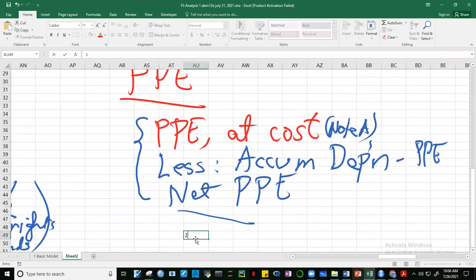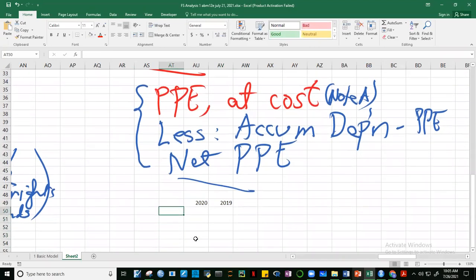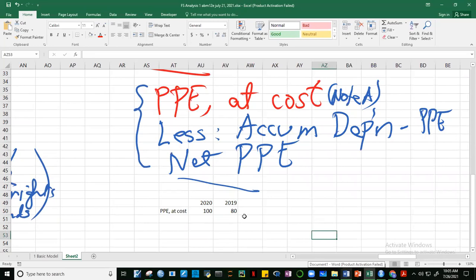Sabihin natin 2020, 2019. Example lang to, guys, ha? Let's say for purposes of example, PPE at cost natin in 2020 is 100, 2019 is 80. So how much was the increase in PPE, guys? 20.